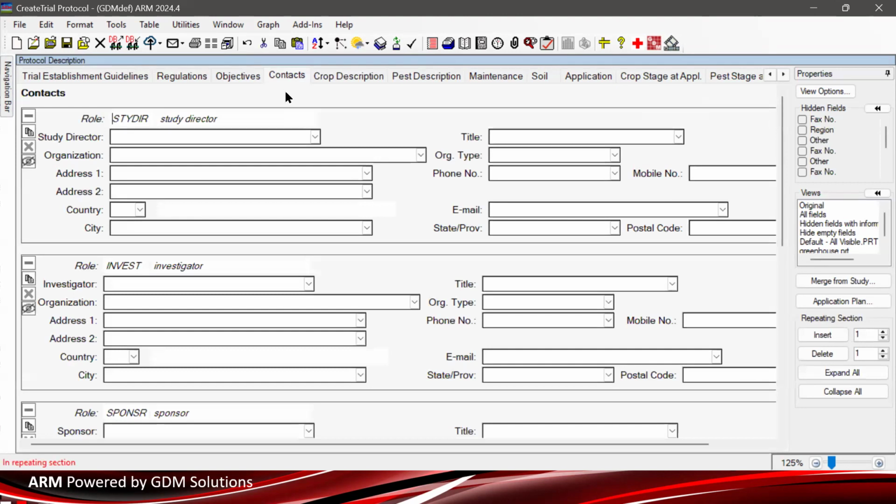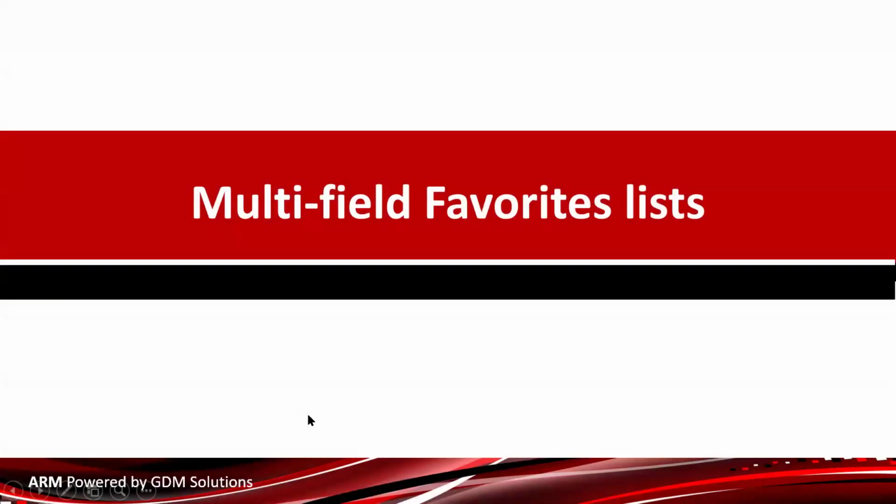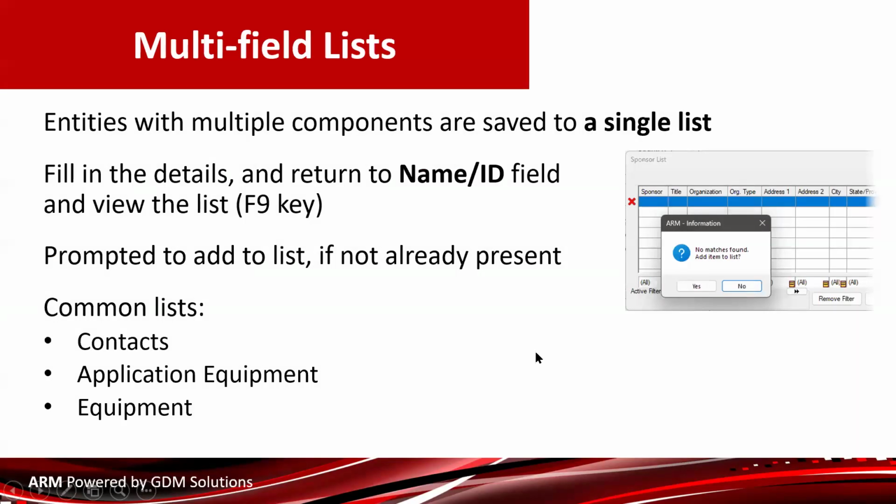All right, moving on to the contacts section. And this has the first example of one of our other main topics here in my slides, so we'll introduce it before we come back. A multi-field favorites list. A little bit of a mouthful, but the idea here is that certain entities, certain components, things you might document in the experiment, have multiple components to them.